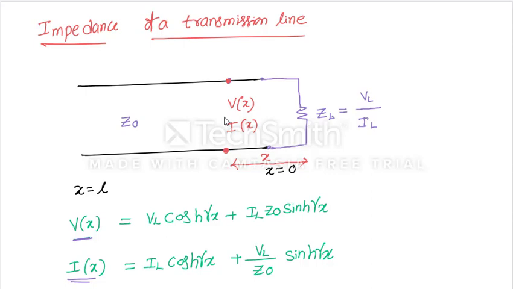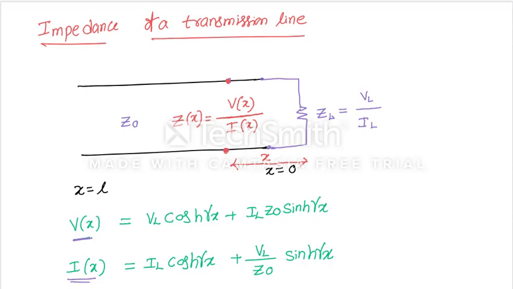Now, if I take the ratio between these two, then what will I get? I will get the impedance at the corresponding point. I can call it Z of x.